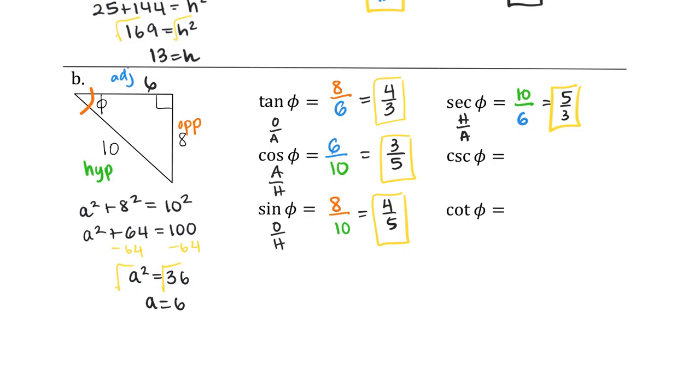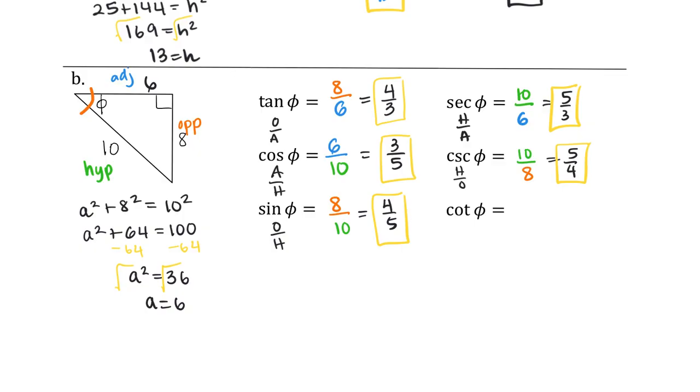Okay, cosecant is the reciprocal of sine. Different letters. Sine is O over H, so this is H over O. So H is 10, O is 8. If I simplify it, I get 5 over 4. And again, I could have said this is a reciprocal of sine. I could have looked at my answer for sine and then flipped the answer, and then I wouldn't have had to simplify it.